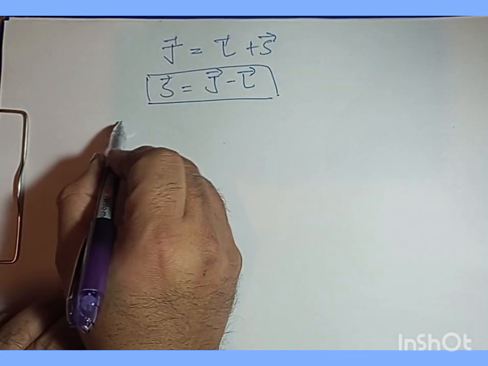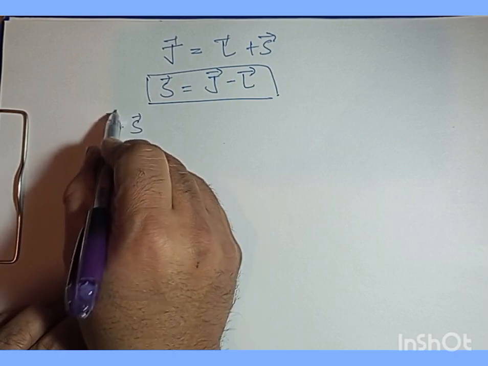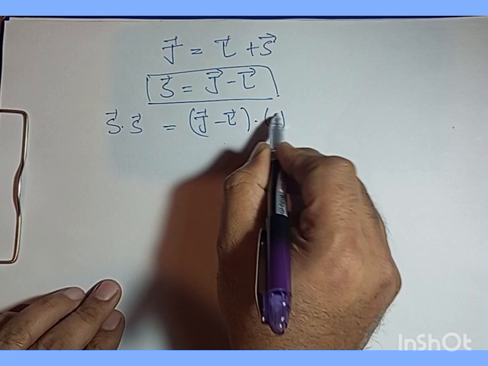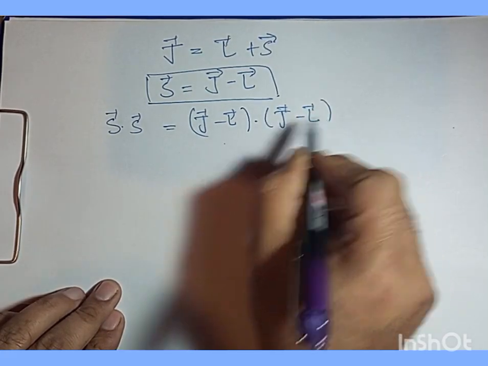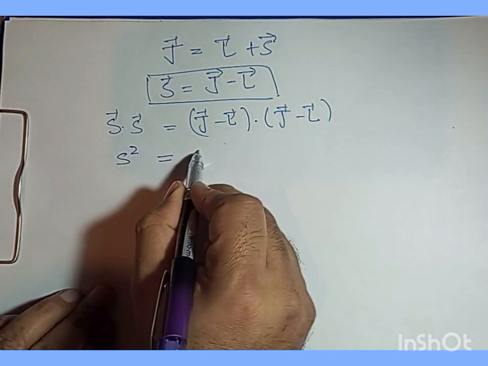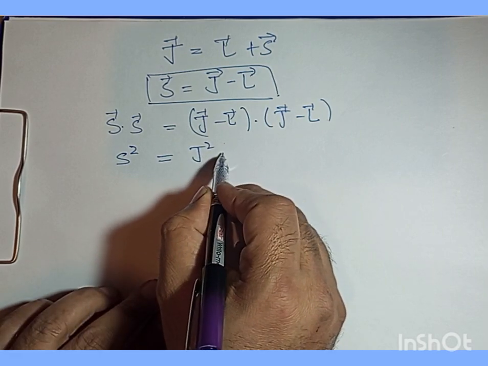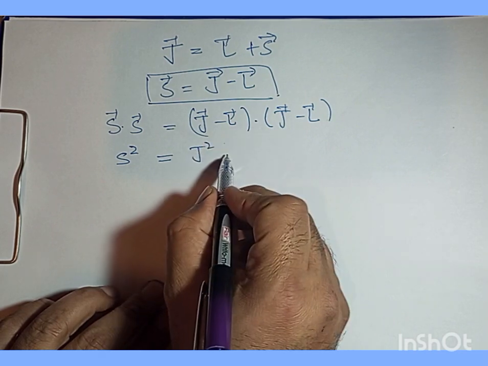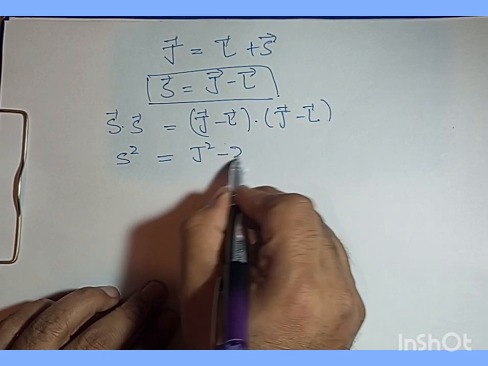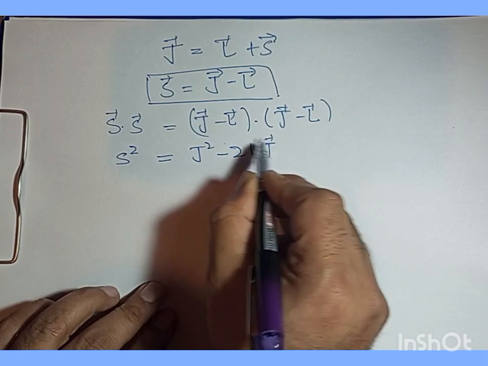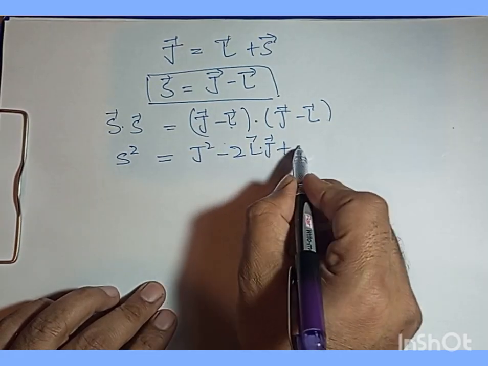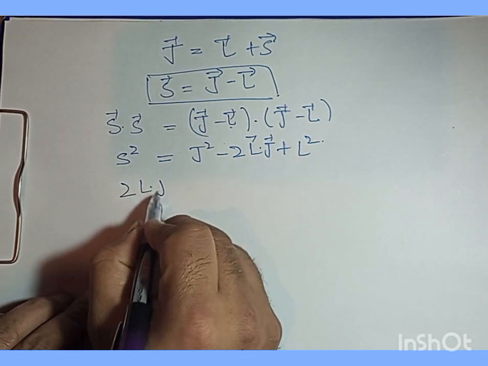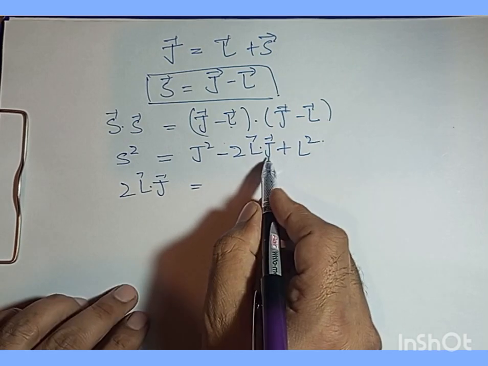Now if I write S dot S as J minus L dot J minus L, this is going to give me S square. This is going to give me J square, L dot J and J dot L, and that will give me minus twice L dot J, plus L square. So I can take this twice L dot J to the other side.